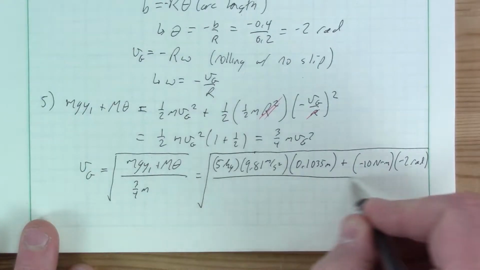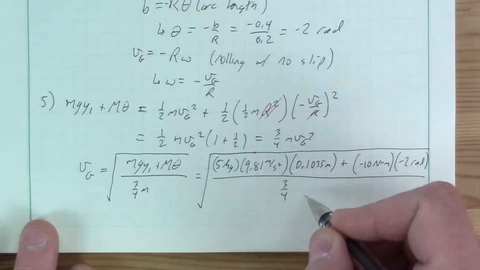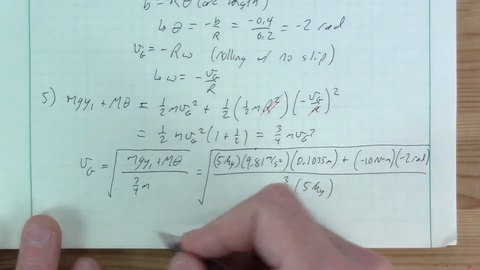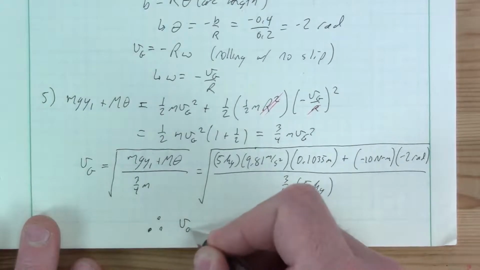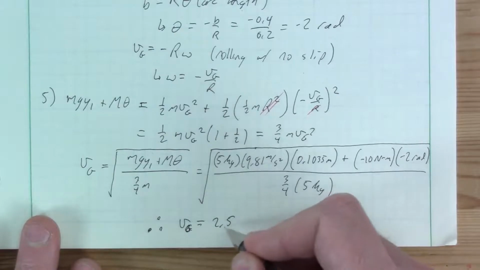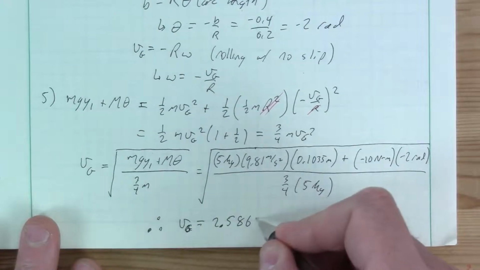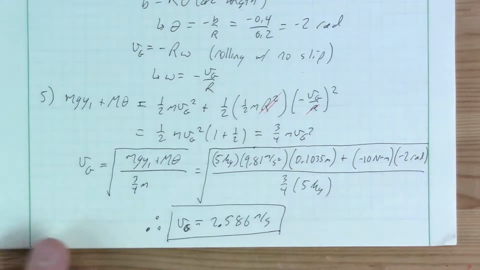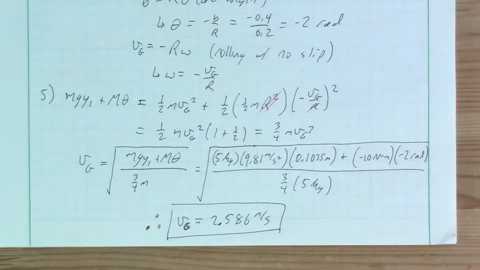And then on the bottom we have 3/4 of 5 kilograms. And then we get to the final answer that our velocity of the center of mass is 2.586 meters per second once we plug all those numbers in. Okay, that's it for this one.